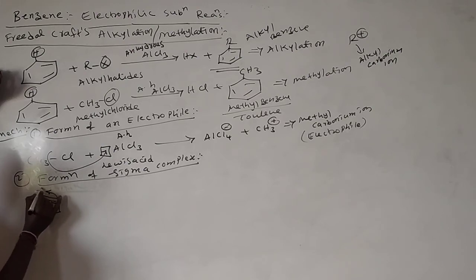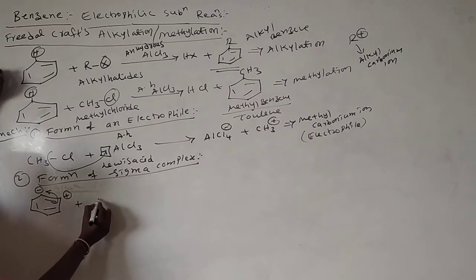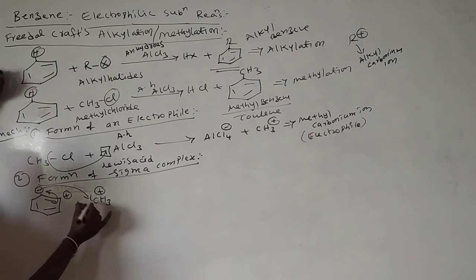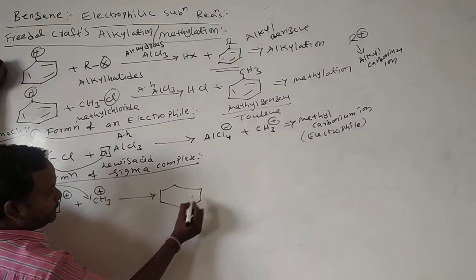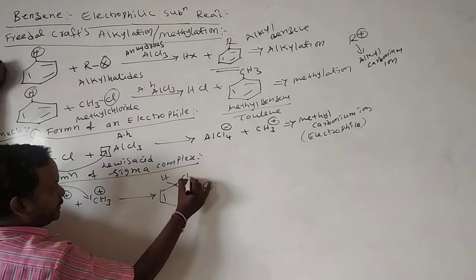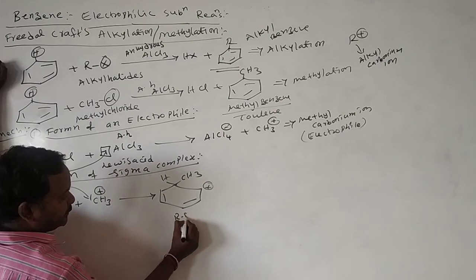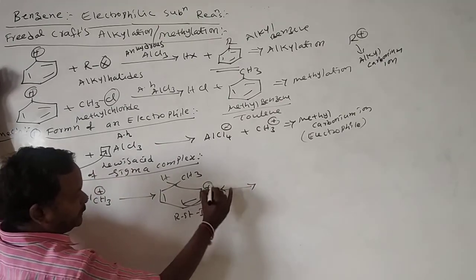Electrons transfer, so we get negative here and positive here. And the electrophile is CH3 plus, which attacks here. What happened? Here a positive charge, here a bond, here H, here CH3. This is resonance structure 1. It is involved in resonance like this.